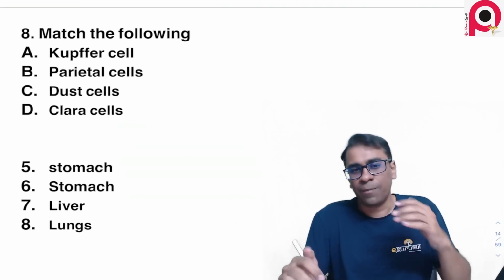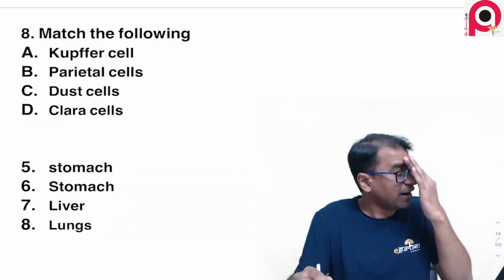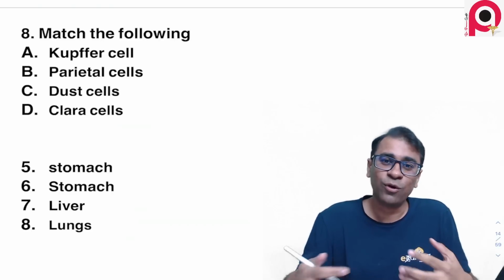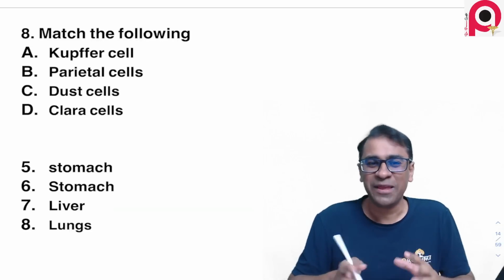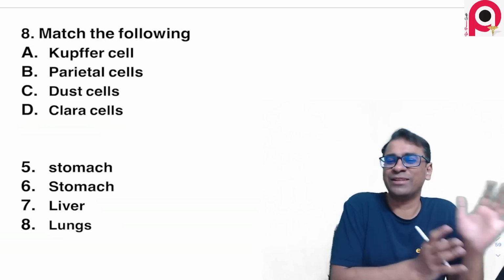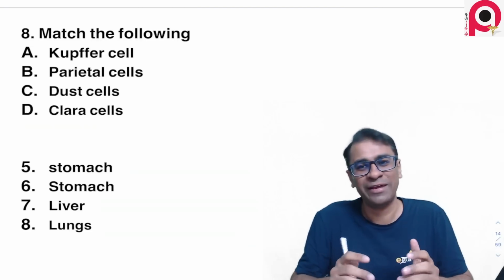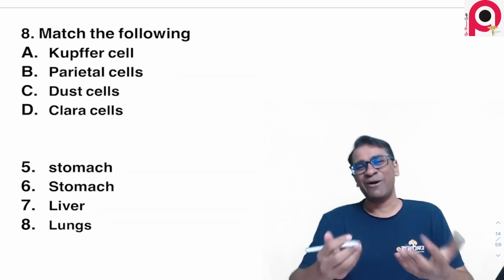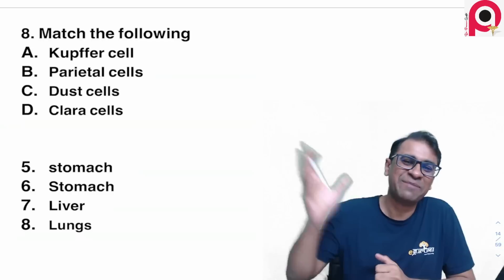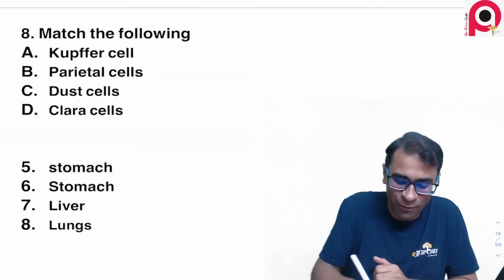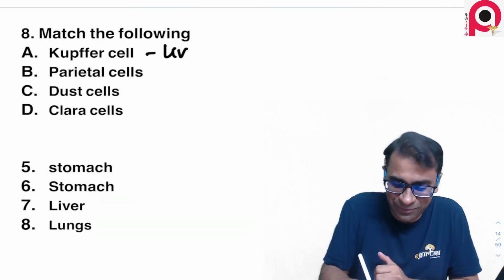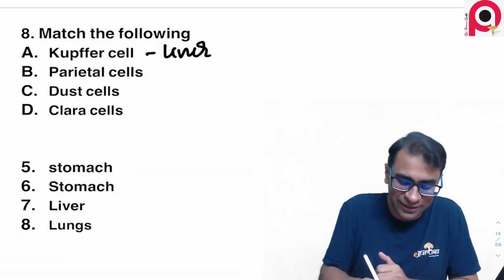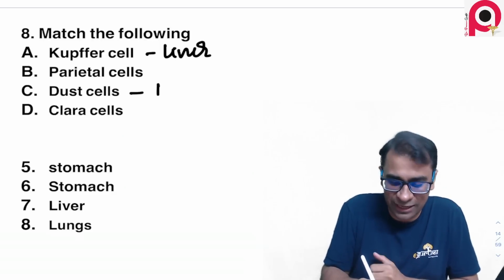I'm very fond of saying one thing in my classes, and students now call me Bahubali. I give you so many examples of Bahubali throughout the classes. So here is one example: the Bahubali of the liver is Kupffer cells. The dust cells are in the alveoli of the lungs.